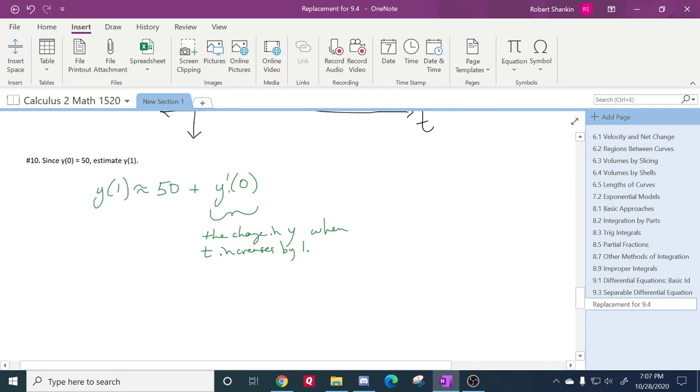So, y prime of 0, whatever it is, we're going to multiply that by 1, because this is just 1 minute later. If it was 2, we would multiply it by 2. If it was 0.5, we'd multiply it by 0.5.